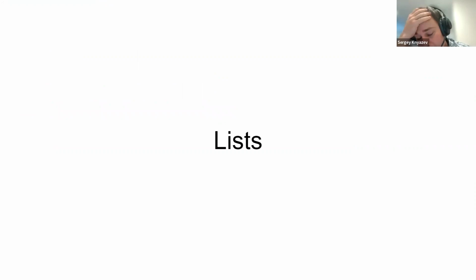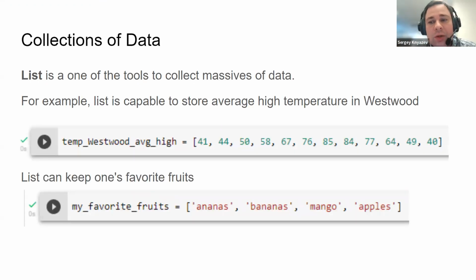So far we were discussing how to iterate through a collection, but we never discussed what a collection can be. And the first type of collection, the easiest one, the most basic one, is list.